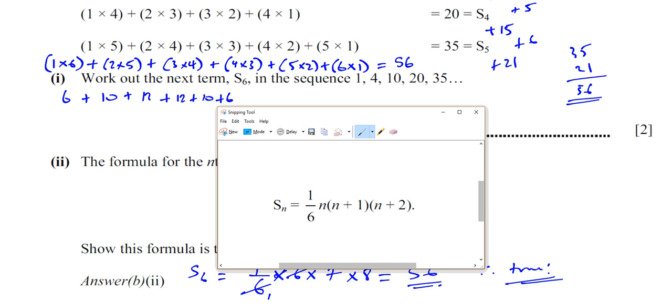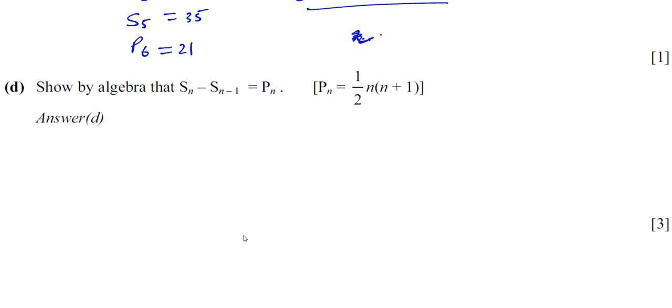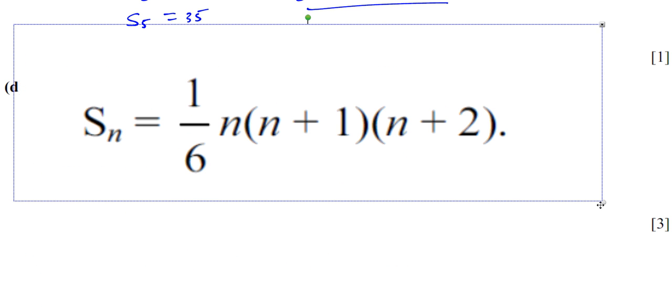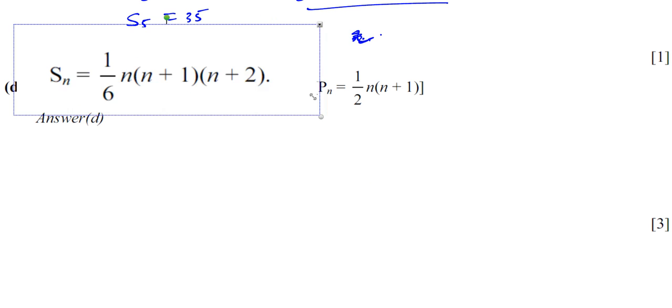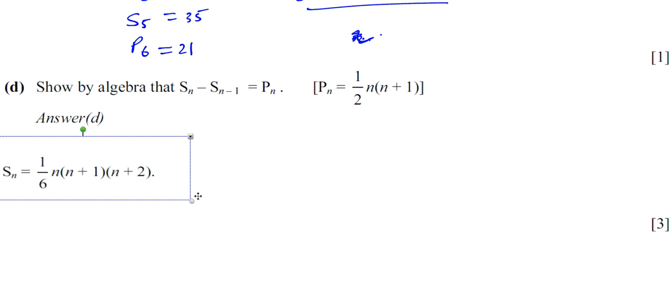So here we have the sum of the first n terms in terms of n, and we've got to show that Sn minus Sn minus 1 equals Pn.